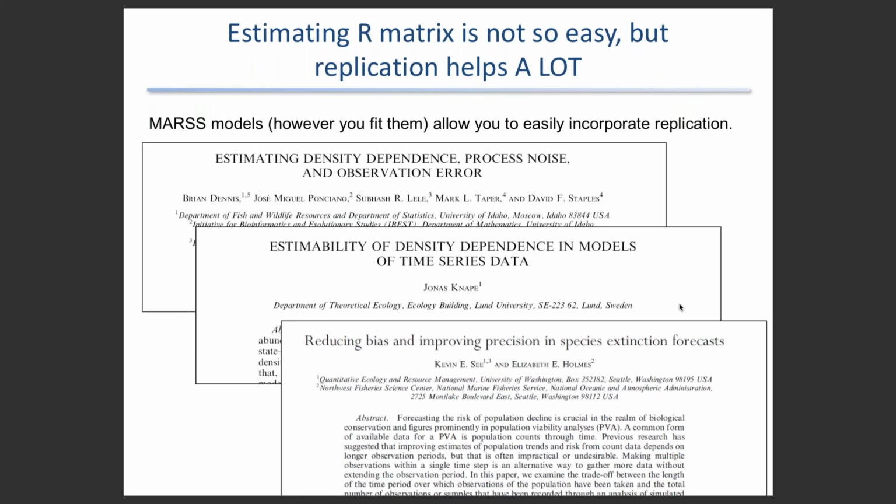MAR models with an observation process, which would be MAR state space, allow you to incorporate that and deal with that problem. Mark's going to show you one example, and there's a lot of literature on how to deal with this. One of the most powerful ways to deal with this is simply to have replication.